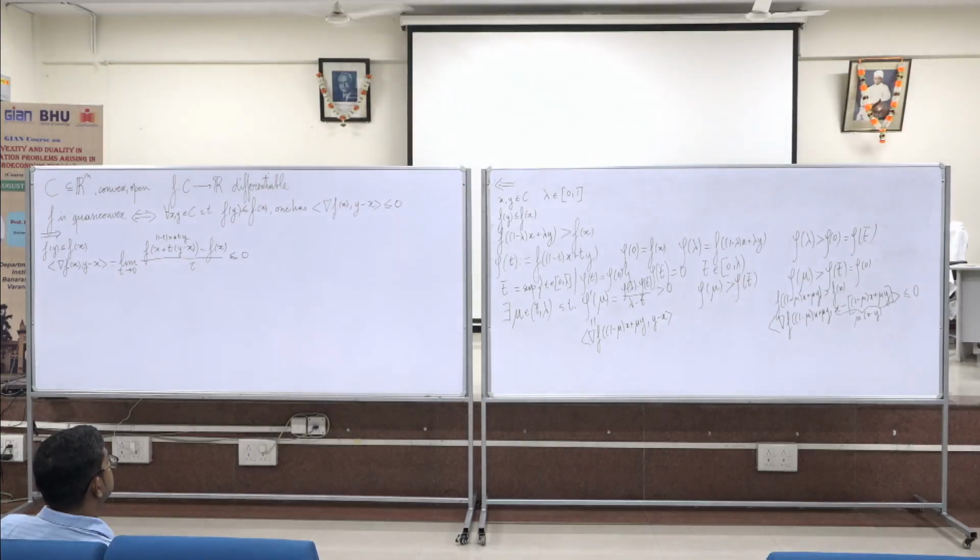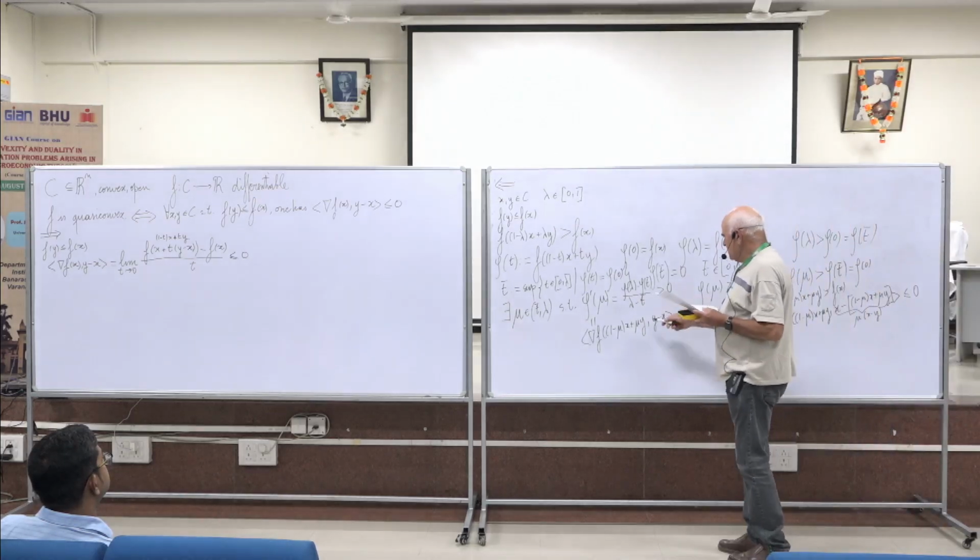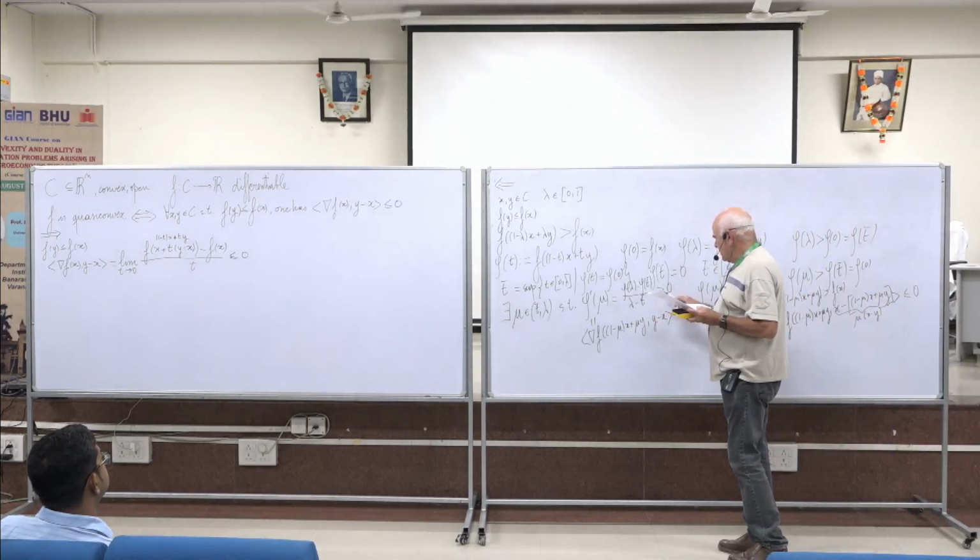Can you locate any sign mistake? When I differentiate t, this is correct, and this is positive.